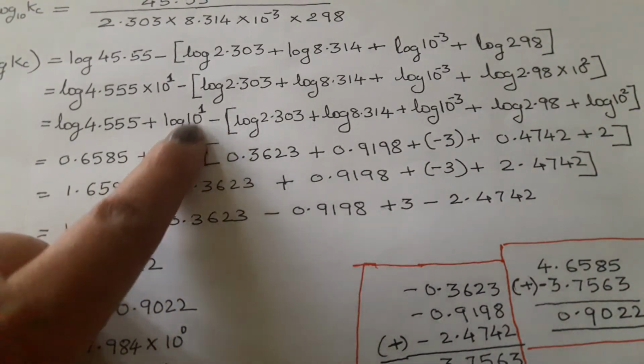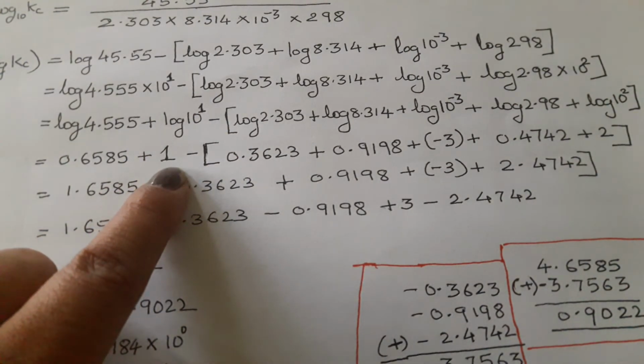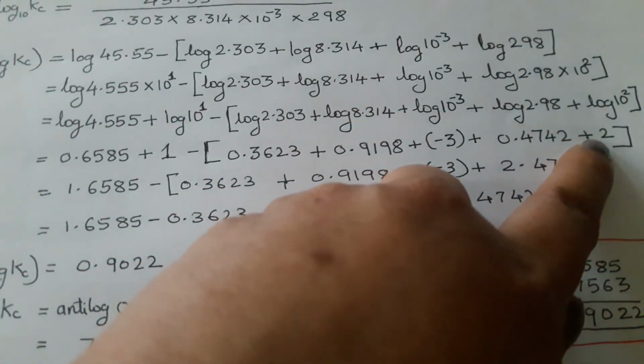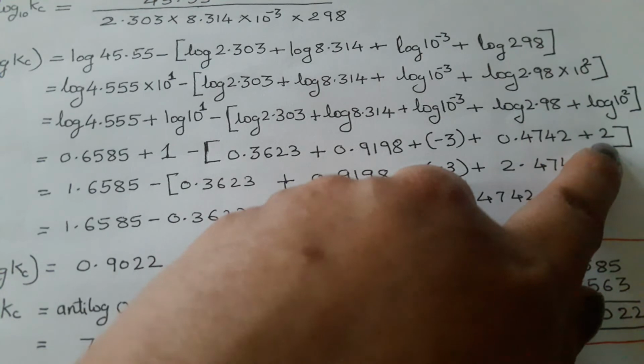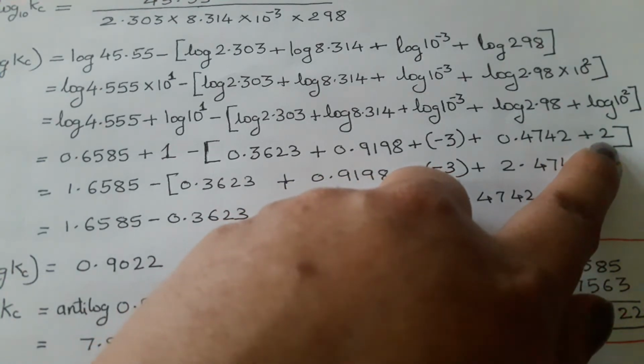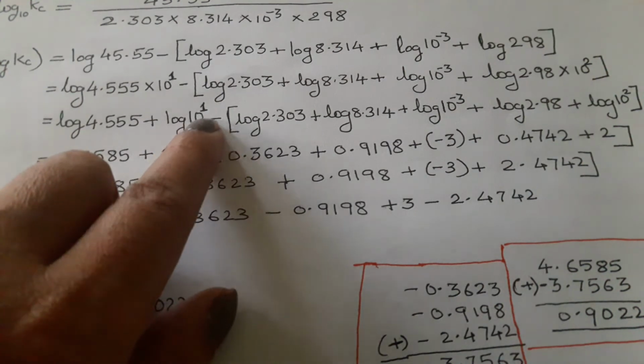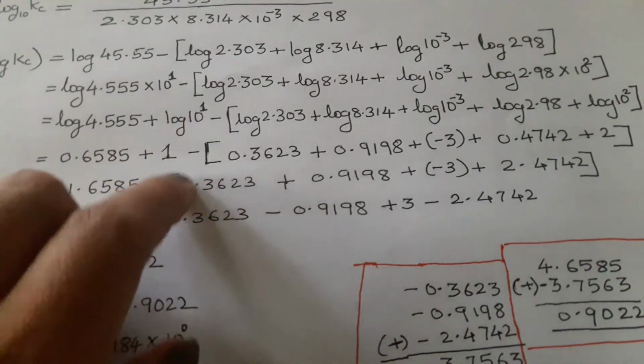Log of 10 raised to 1, we know that the answer is 1. Similarly, log of 10 raised to 2, we simply write the answer as 2. So whatever is the power, that we write as the answer when we have to find the log of any number to the power of 10.